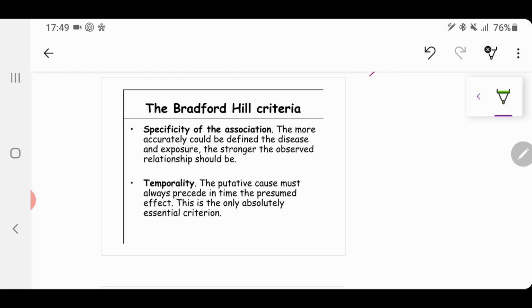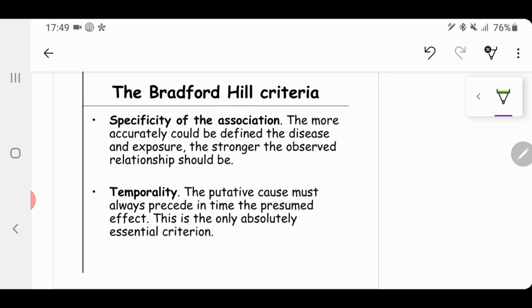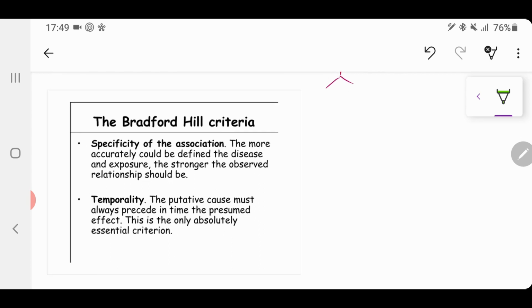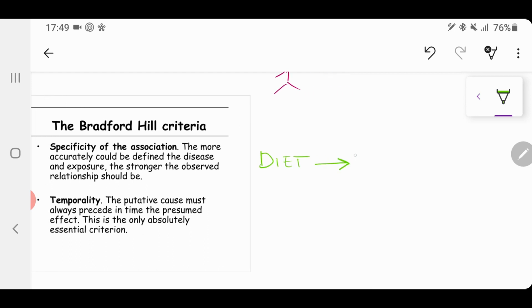All right, so like diet and coronary heart disease would be a stronger association than, let's say, sitting or something like that.